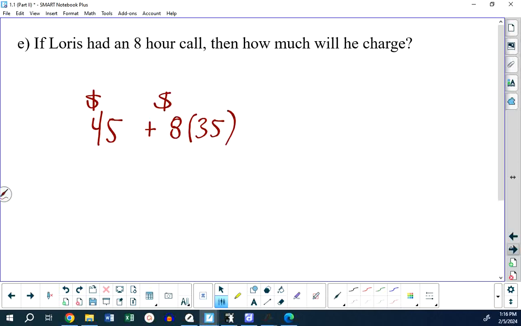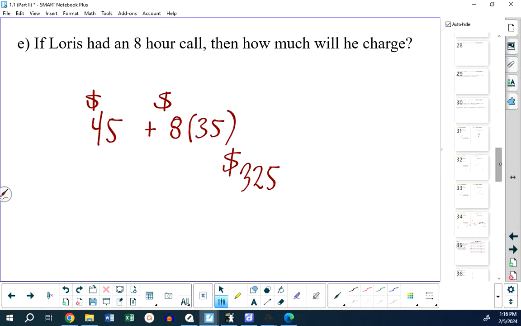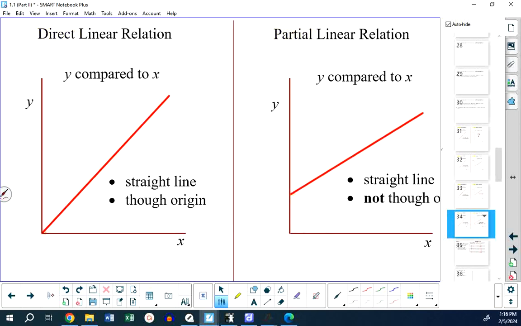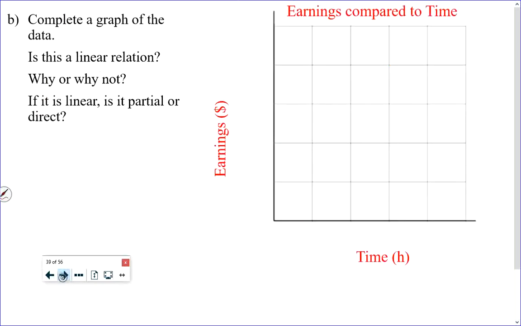Okay, 325. The big difference here, everybody, compared to direct linear relations is right there. The slope is still found in the same way. Now there's a y-intercept as well.